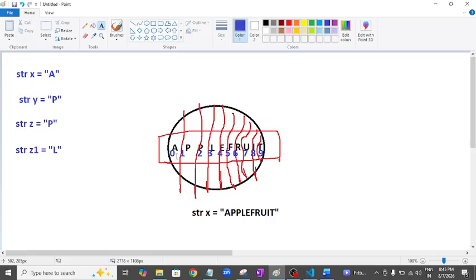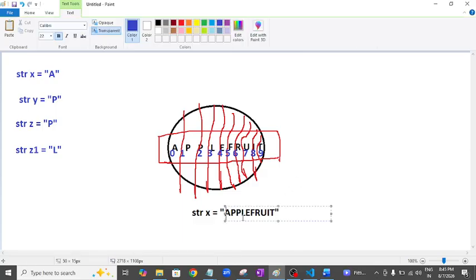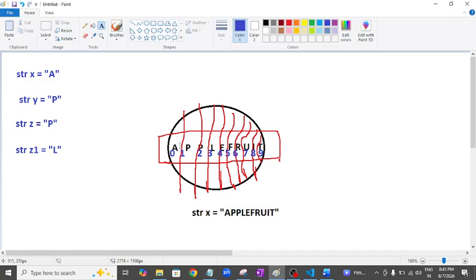When we want to split, either we can take the entire apple at a time, or we can take APPL at a time, LE fruit at a time. Apple fruit we can divide at a time. So this thing is known as splitting.